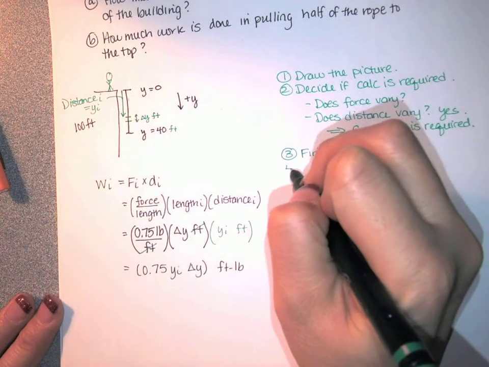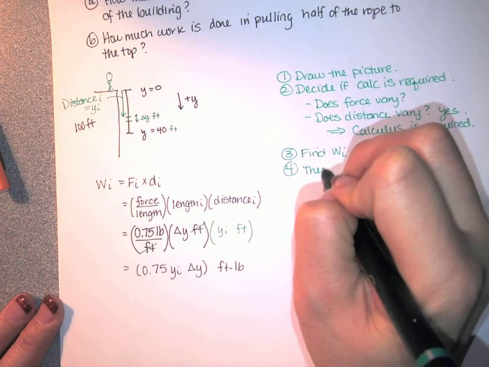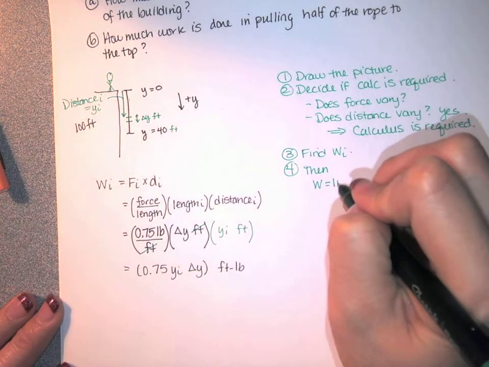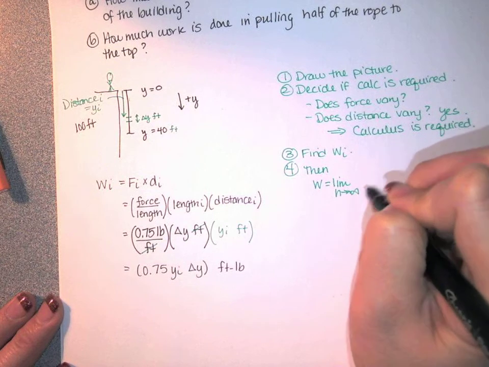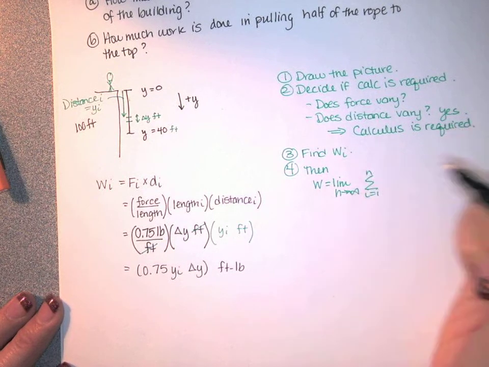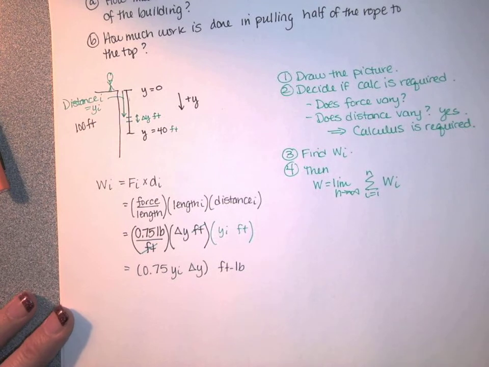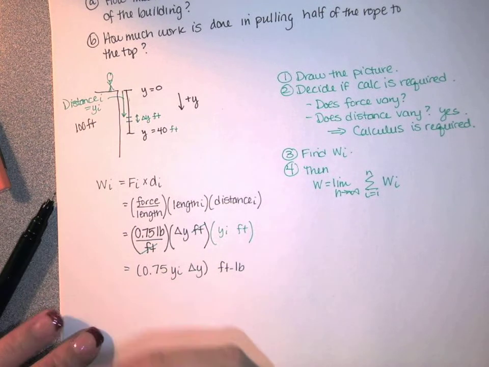And then if you want the total work, you want the exact work acting on the whole thing, you take the limit as the number of pieces goes to infinity, you add them up as i goes from 1 to n, and that's going to represent an integral.